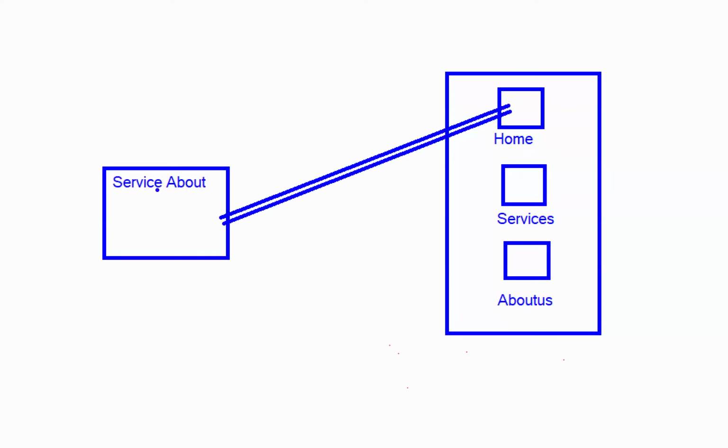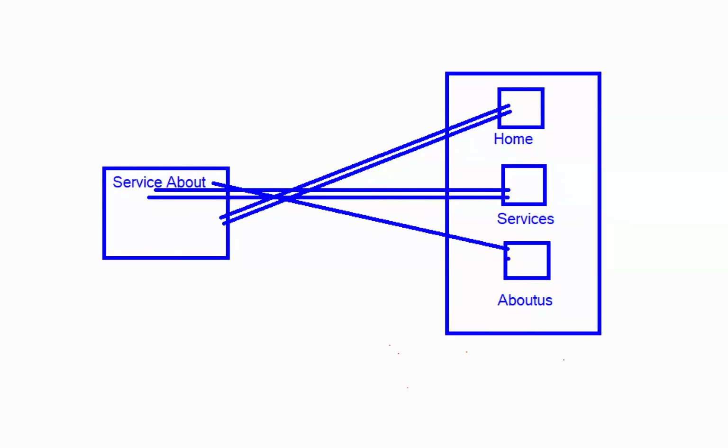If the user clicks on services, one more request we are sending to the server, and that page is loading. And about us, one more request we are sending to the server, so that is loading. Like that, every time we are sending a request to the server. So this is a time taking process, right?